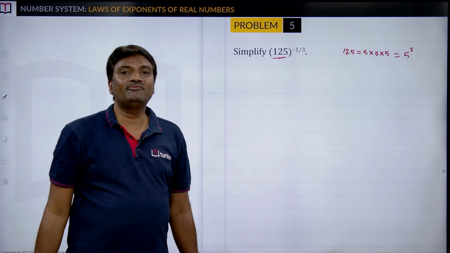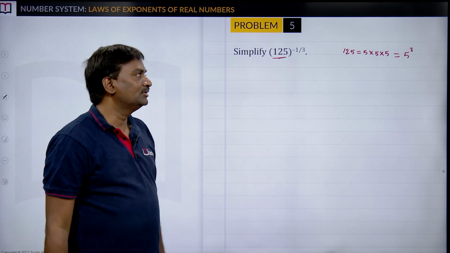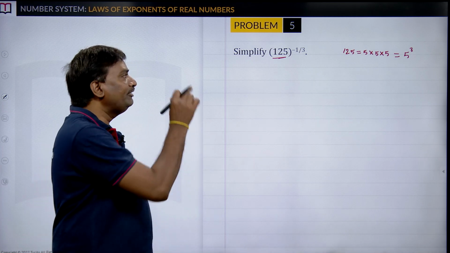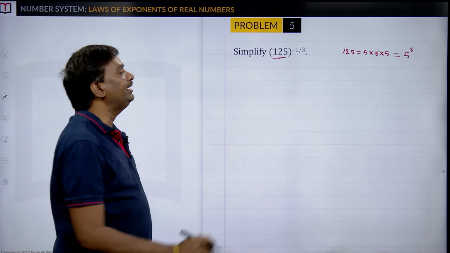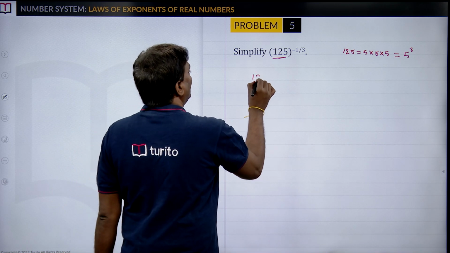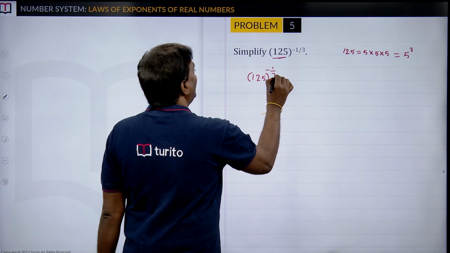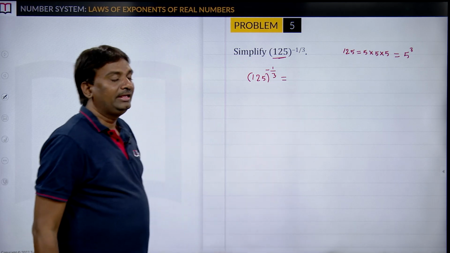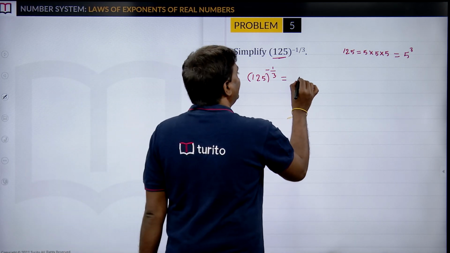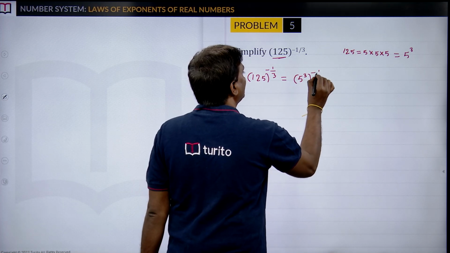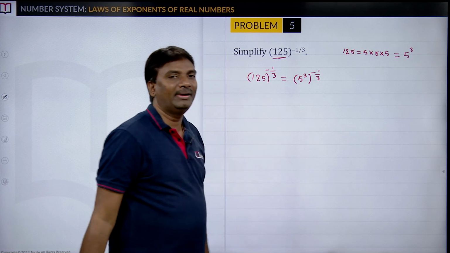Simplify 125 power minus 1 by 3. So we got 125 equal to 5 into 5 into 5, 5 cube. Now in place of 125, by writing 5 cube, we have 5 cube power minus 1 by 3.